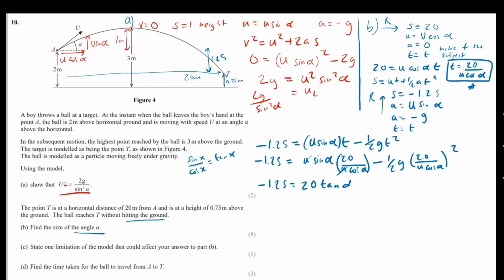not x, but alpha. Right, if you was to expand all of this, 20 squared is 400, a half of 400, so you would get 200g over u squared cos squared alpha. Now you know this u squared equals this, so you could sub that in. I'm going to run out of space.